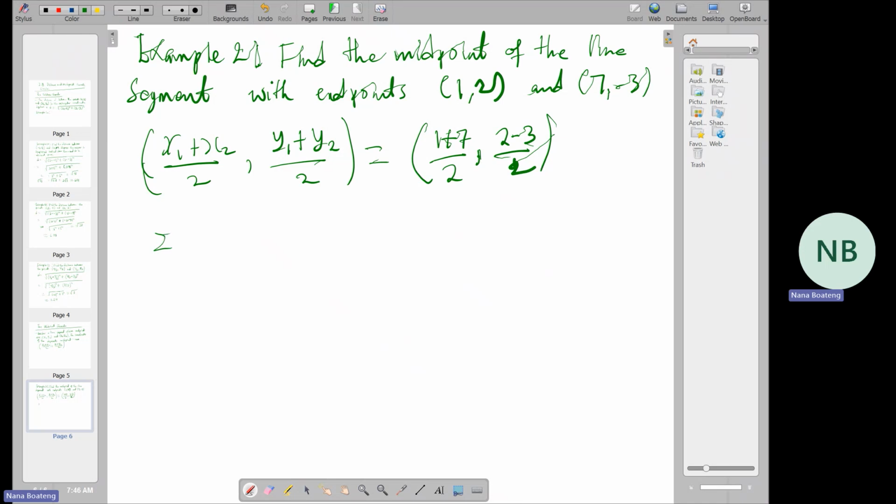This becomes 8 divided by 2, over negative 1 divided by 2, equal to 4 and negative 1/2. So this is the midpoint of this line segment.